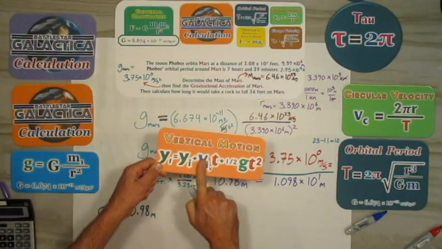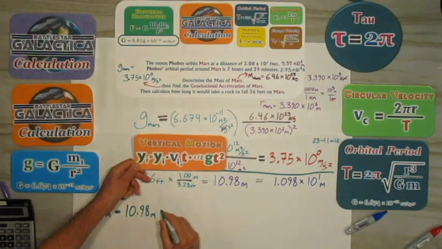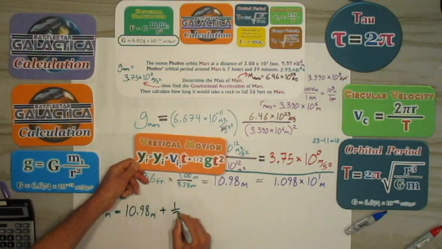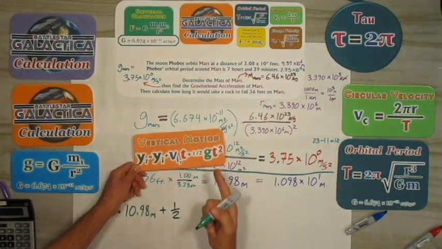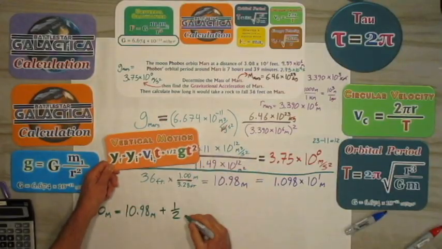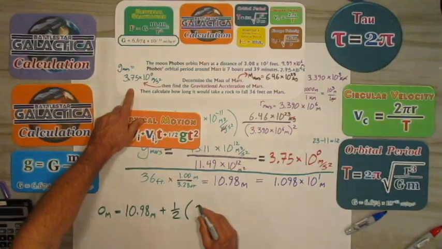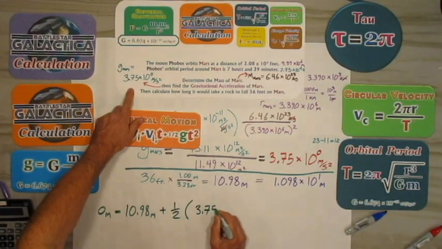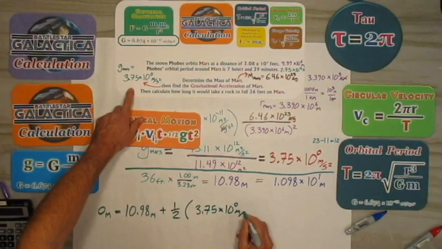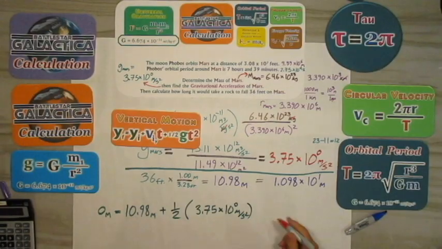This whole term disappears. Plus 1/2, don't forget the 1/2, g, but this is the g of Mars, right? And the g of Mars is 3.75 times 10 to the 0 meters per second squared, right? Times t squared, okay? And that's what we're solving for, t, right?